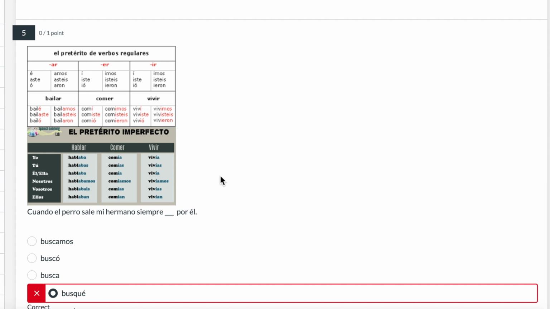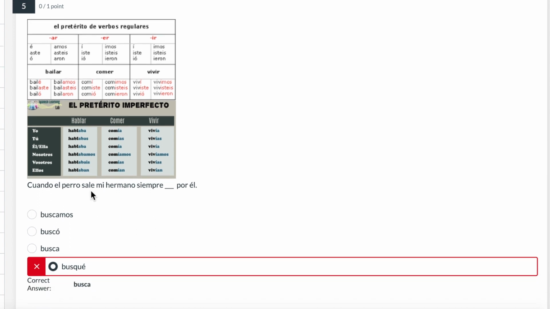Número 5, we have cuando el perro sale, mi hermano siempre blank por él. So now we have the same question except, when the dog, not left, but what sale? Leaves, present tense. So now we're in the present tense, and this was the verb that tells you. When my dog leaves, my brother always searches for it.